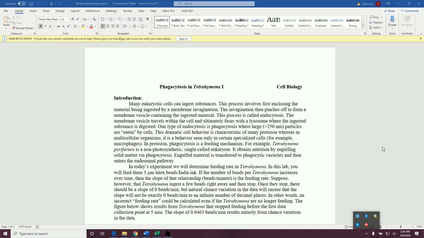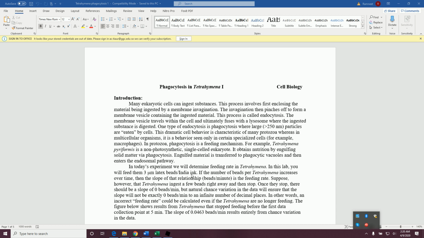Basically, if we had done this lab in the laboratory, we usually use this organism called Tetrahymena, and we mix it with latex beads or India ink.